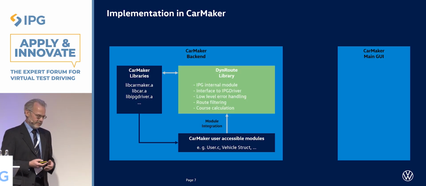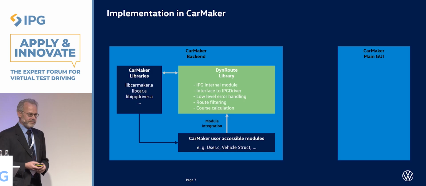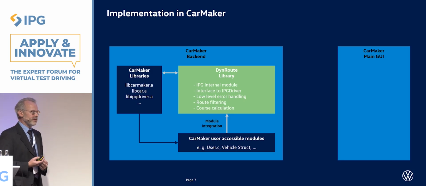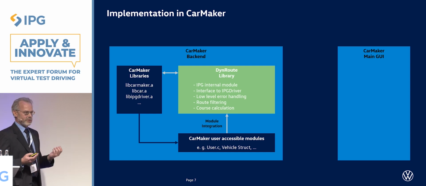And there, we entered the new library. This provides the connection to the back end functions, for instance, of the IPG driver, and brings in some new functions, for instance, like the route selection and the control during the transition.